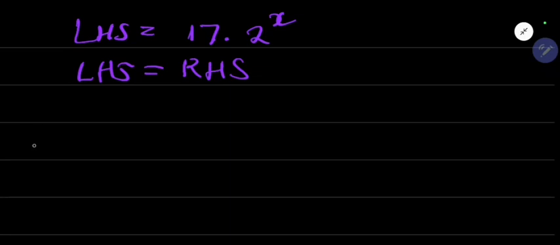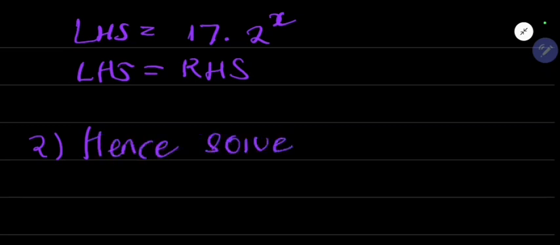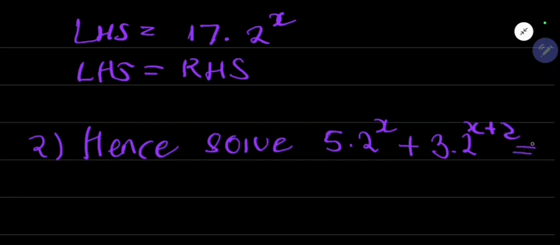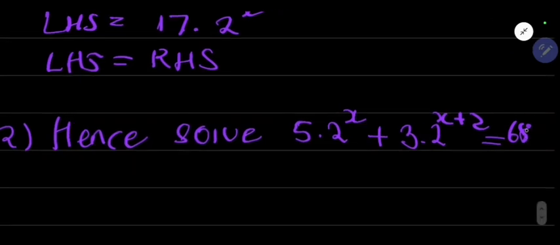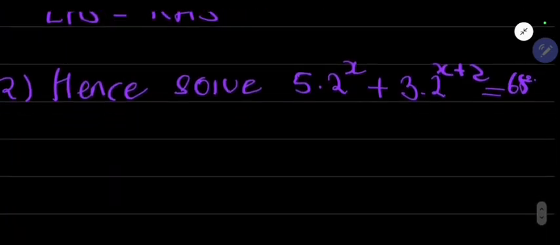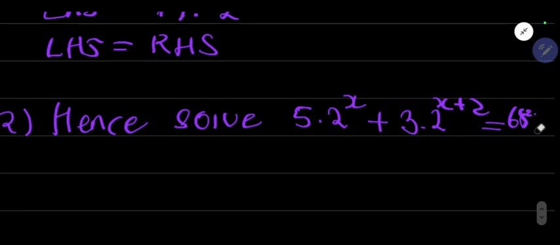It says number 2, hence solve 5 times 2 exponent x plus 3 times 2 exponent x plus 2 is equal to 68. So this is a hence question, guys. Once they use the word hence, they simply mean that the thing that you were busy with before will be useful. It will help you to work out this one.